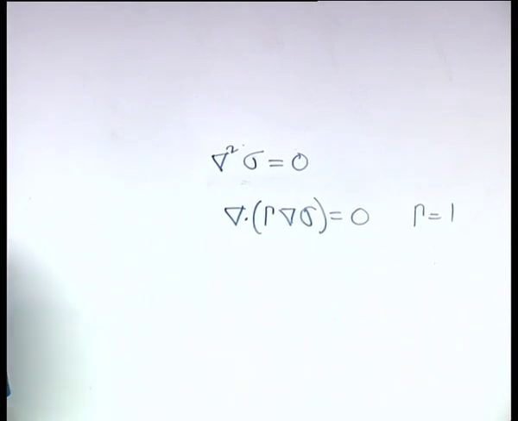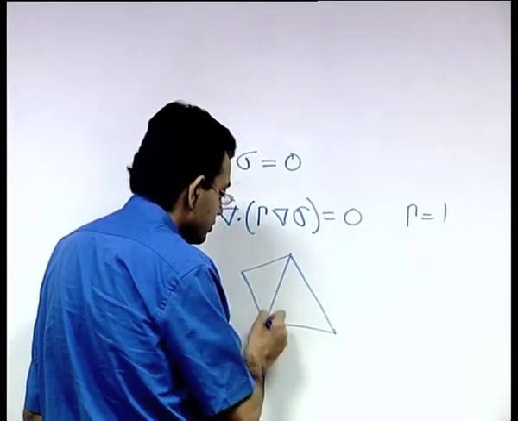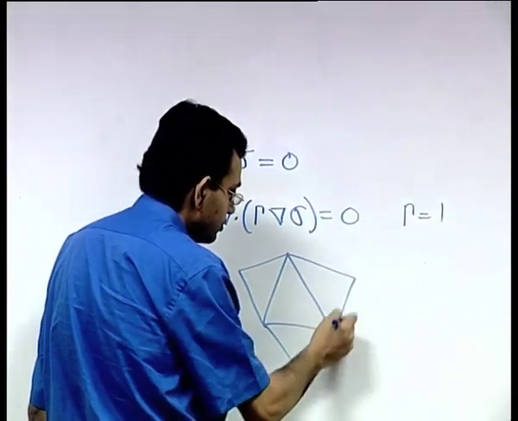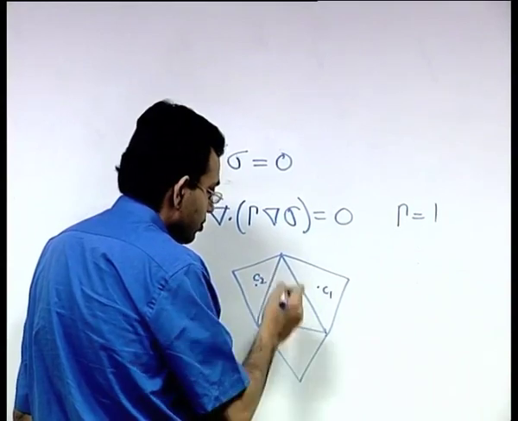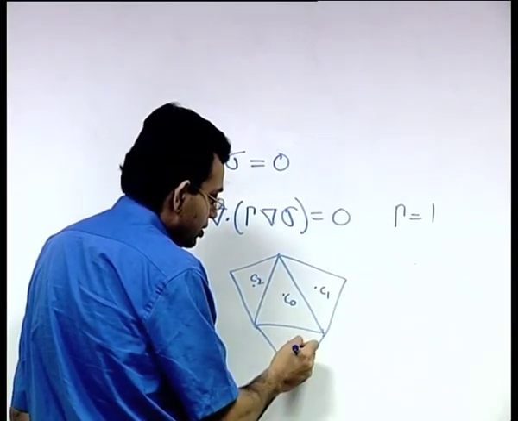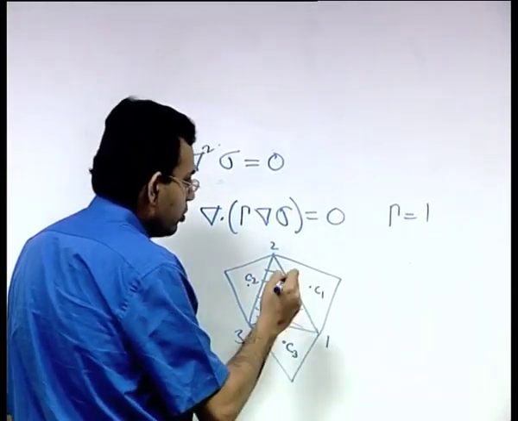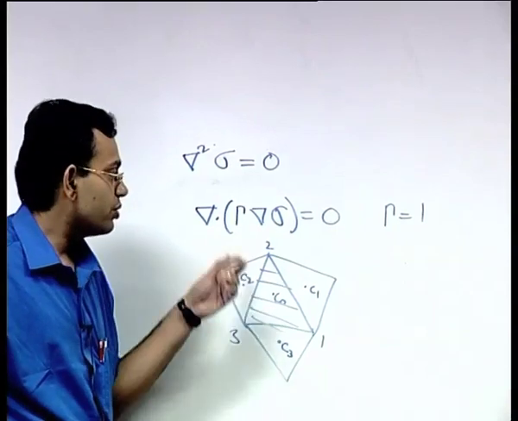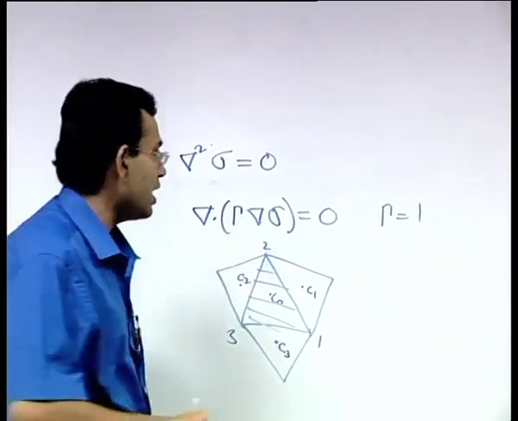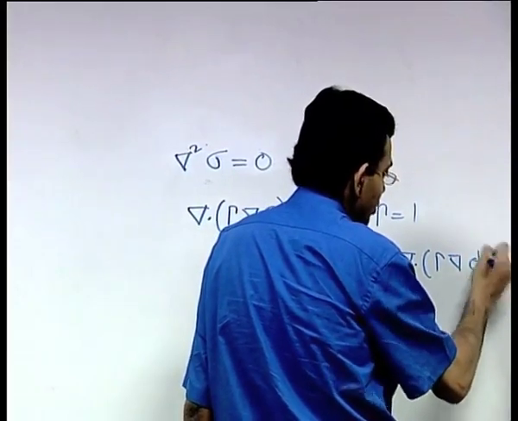So it is a pure diffusion problem, and if you consider an unstructured mesh like this, with the control volume layouts around a triangular shaped control volume, the neighboring control volumes shown here. We have seen how to discretize a general problem del dot gamma del phi equal to 0.